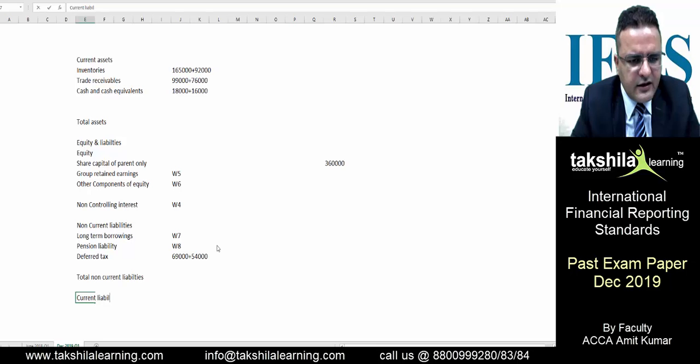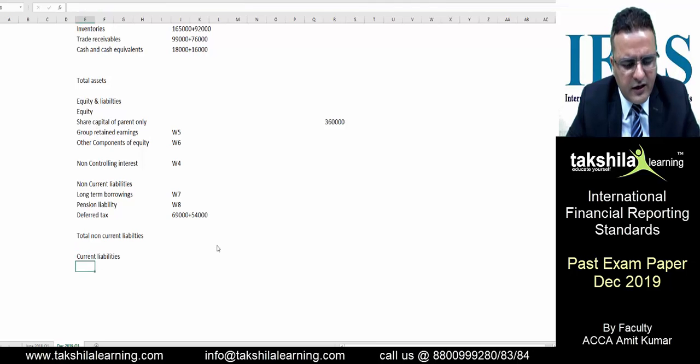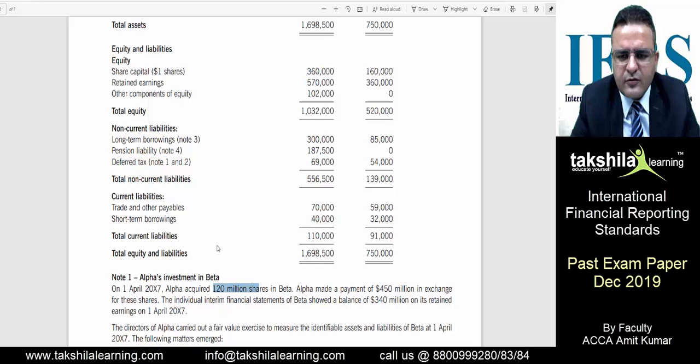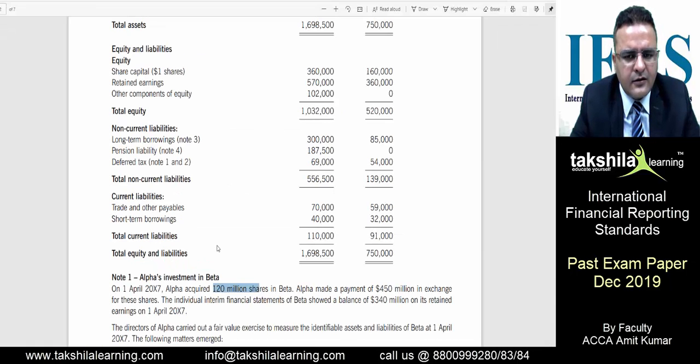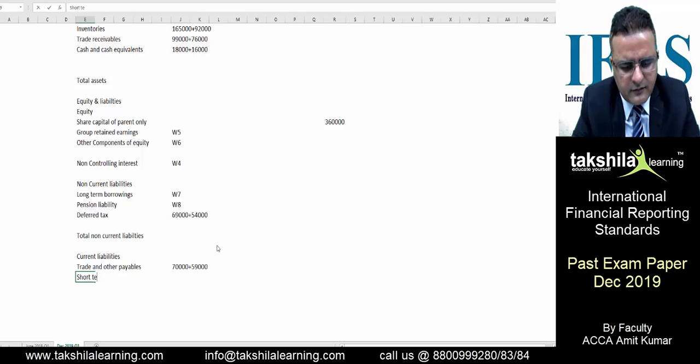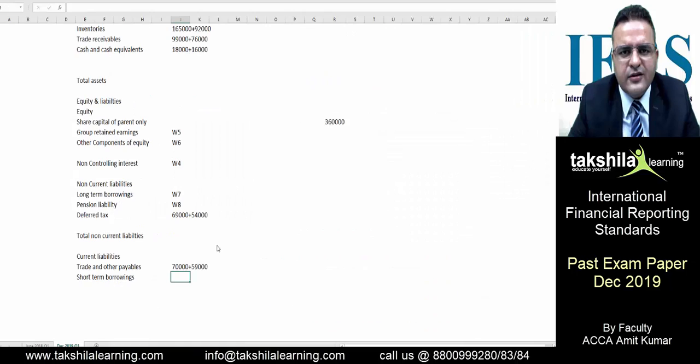So the line items which are there as part of the balance sheet, they will exist as part of your consolidated balance sheet as well. There may be some more line items which you may have to include. Trade and other payables turns out to be 70,000 plus 59,000. Short-term borrowings, 40,000 plus 32,000.